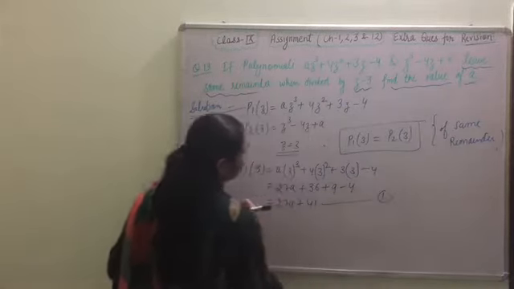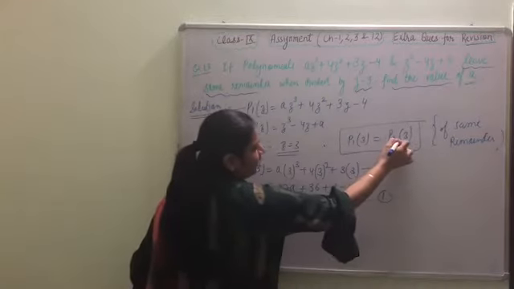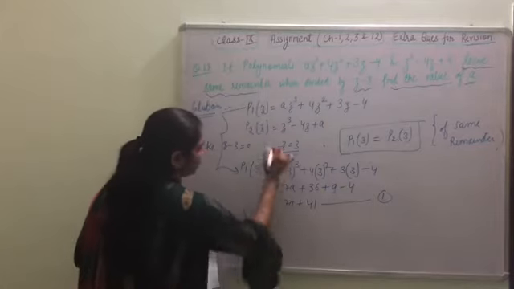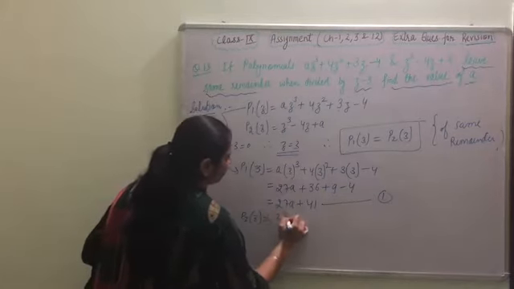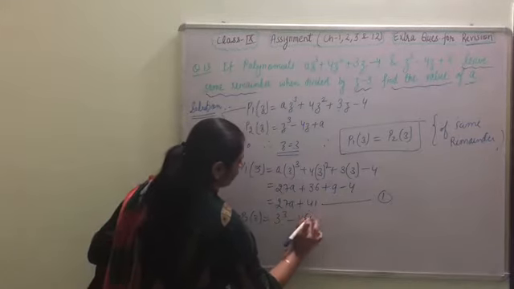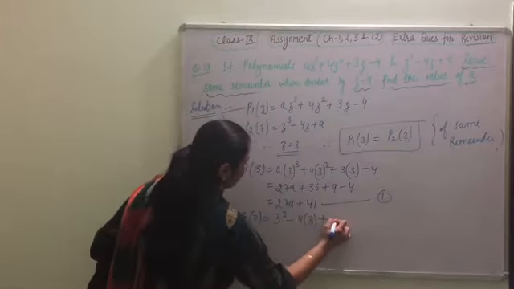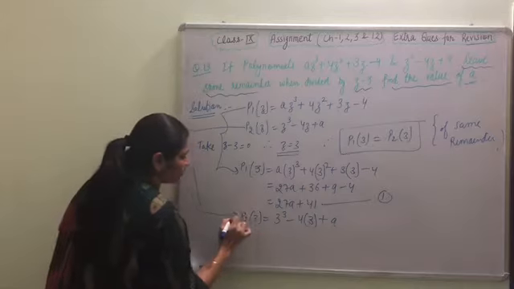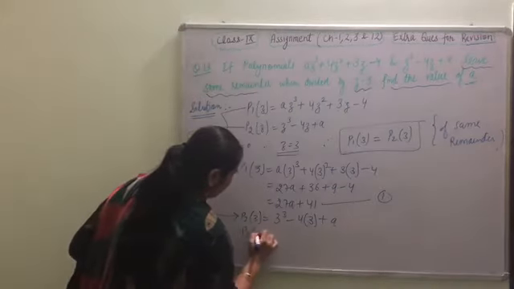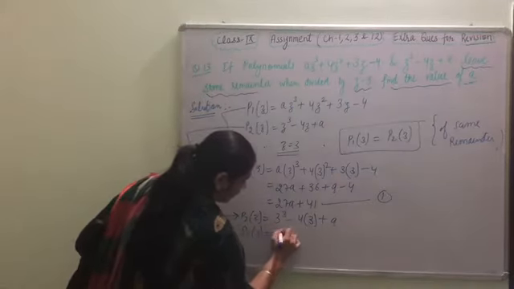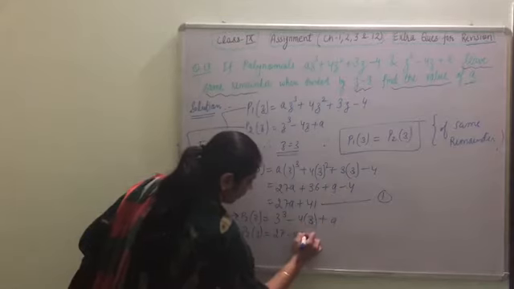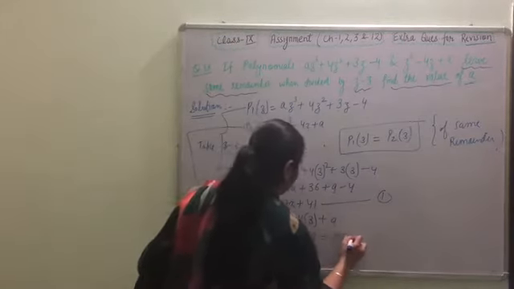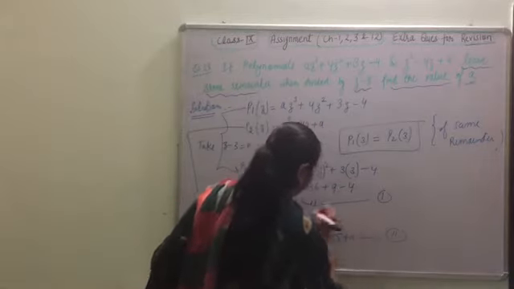This is equation 1. Now we are solving the second polynomial, P2 of 3. Value of the second polynomial at 3: 3 cube minus 4 into 3 plus A. P2 of 3: 3 cube is 27, 4 3s are 12, A, which is equal to 15 plus A, second equation.